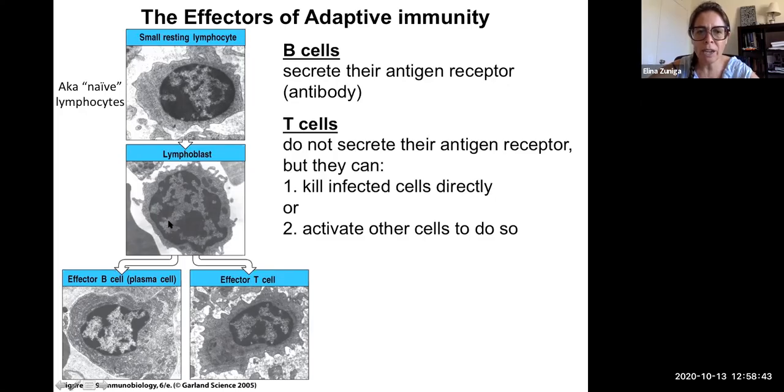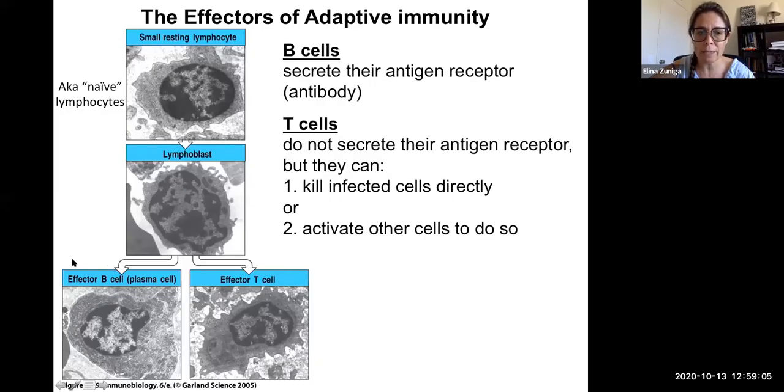And so it will become bigger, that is a sign that it is in the cell cycle, and it will start proliferating, okay? And also it will become differentiated, as we mentioned before, into effector cells that can execute their function.